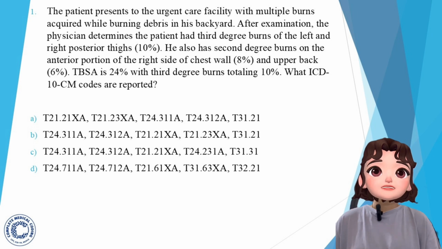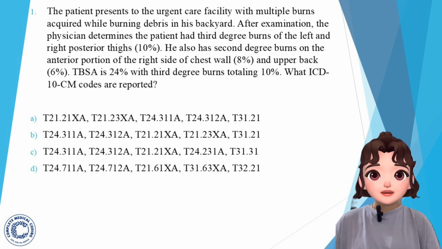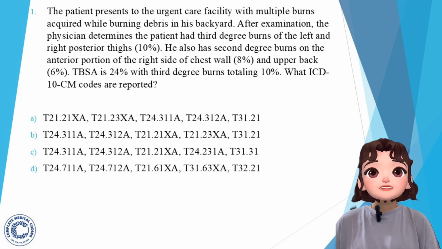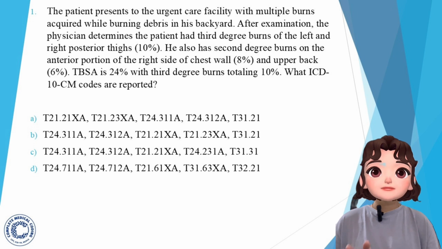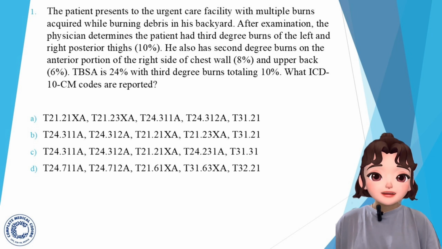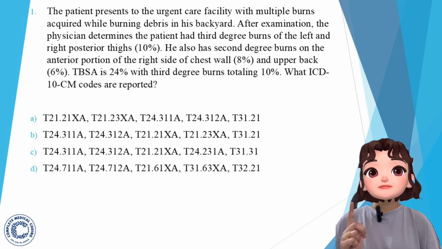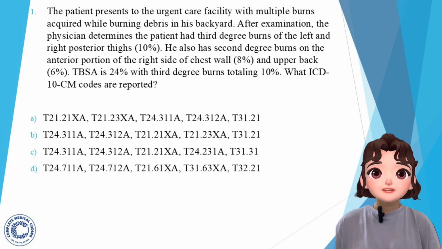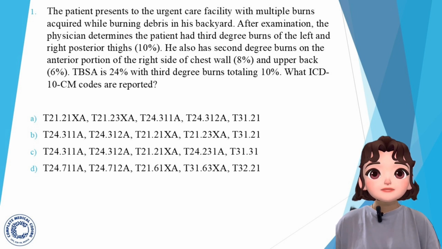Then he also has second-degree burns on the anterior portion of the right side of chest wall and upper back. So it means second-degree burn of chest wall and second-degree burn of upper back. So a total of 4 burns you have to code. What all are there?